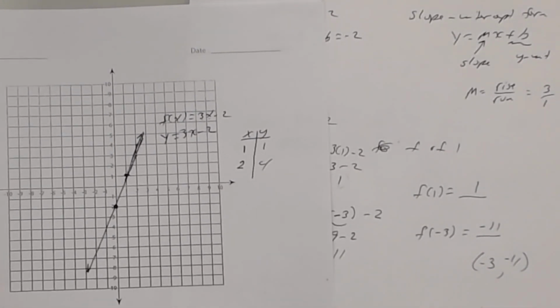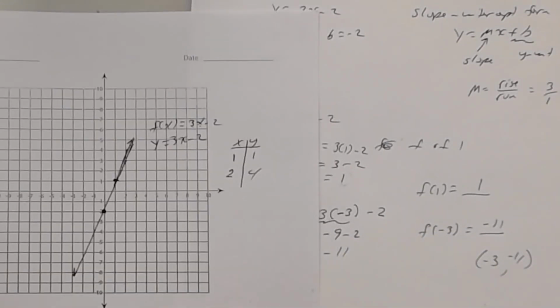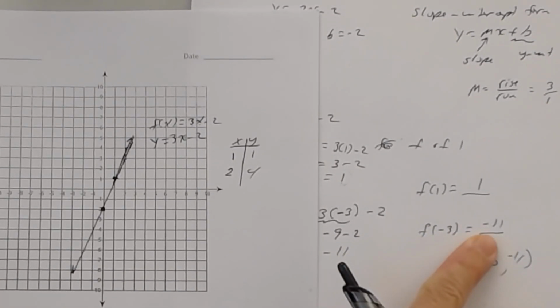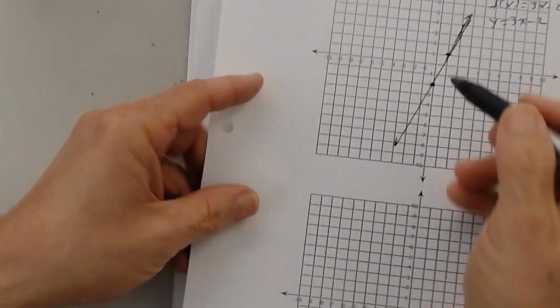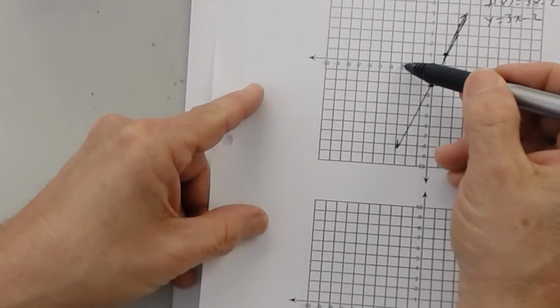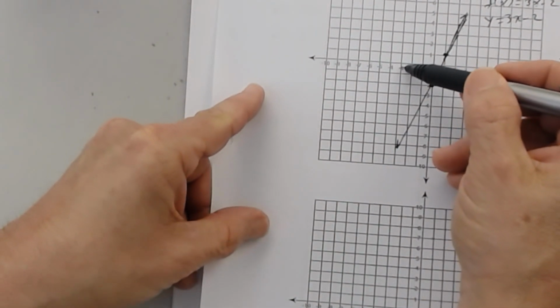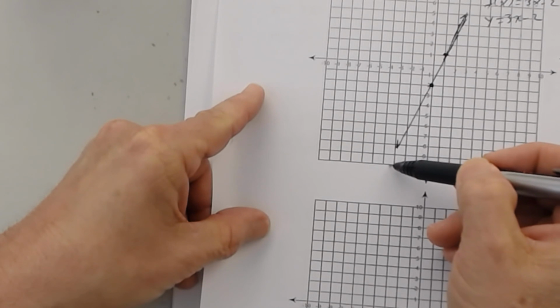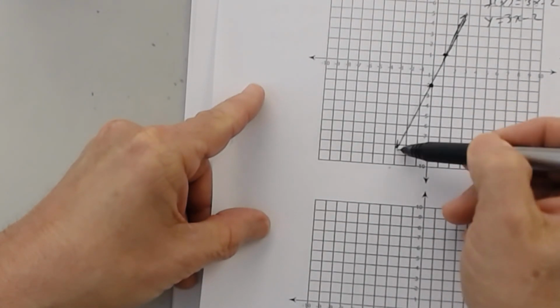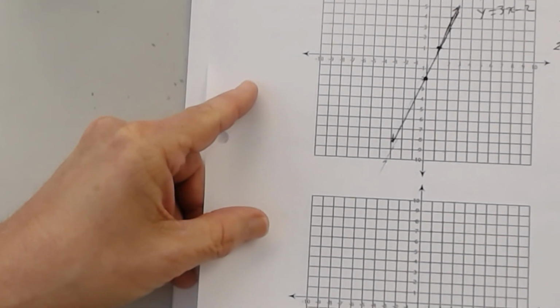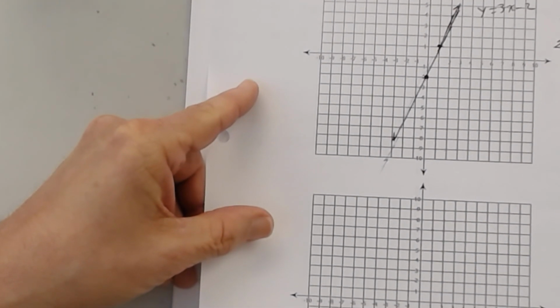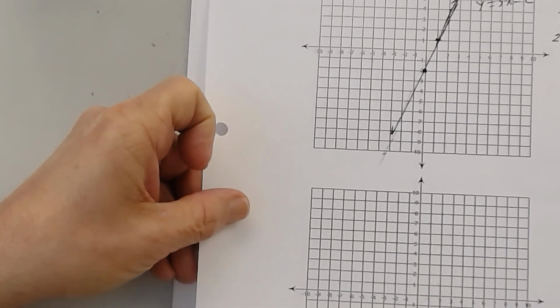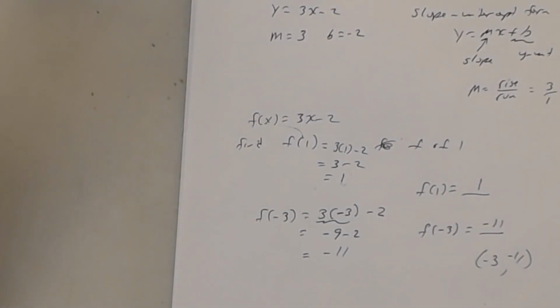That's the coordinate. That's the point this represents. So when x is negative 3, my y value is negative 11. Again, I didn't draw it very well, did I? Something like that. I should have used a ruler. Next time.